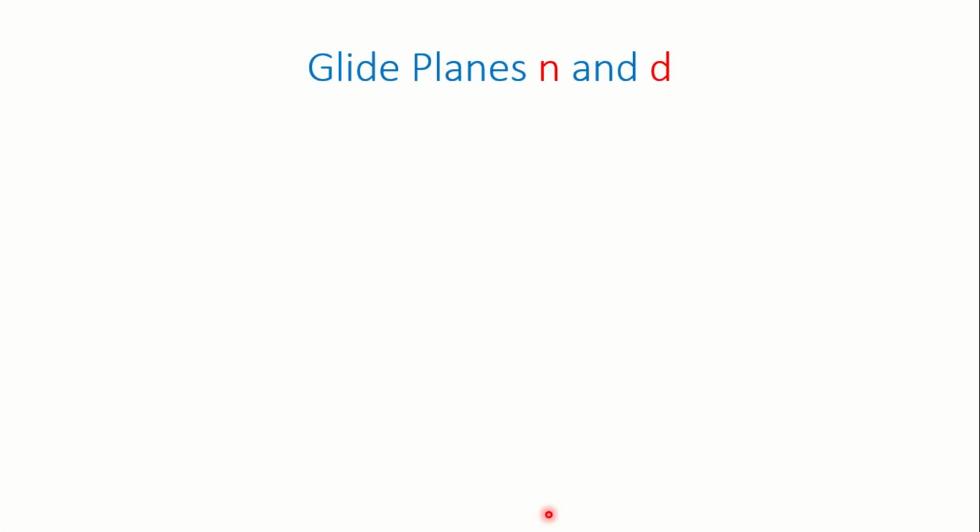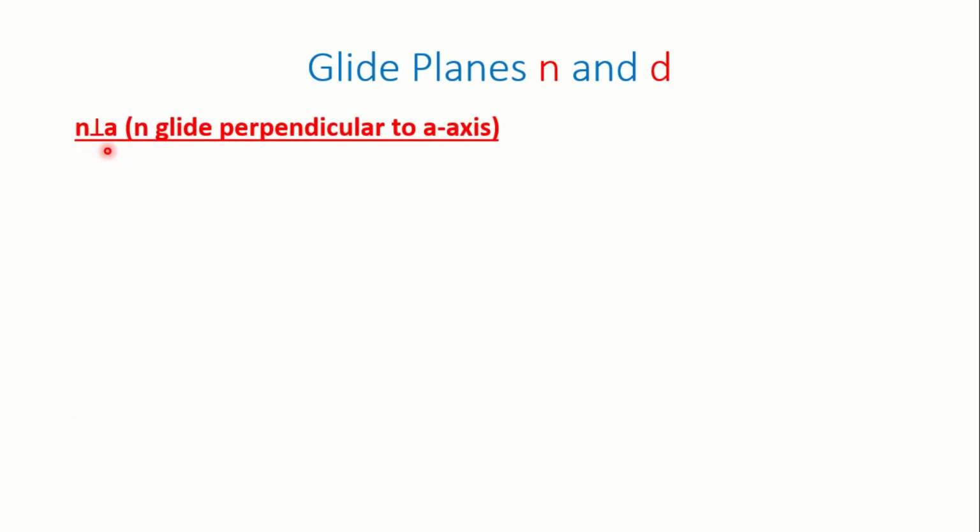Okay, so let us move on to glide planes N and D. So what about the operations in case of N and D? Let us take N glide perpendicular to A. You can assume that there must be N glide perpendicular to B and N glide perpendicular to C also.